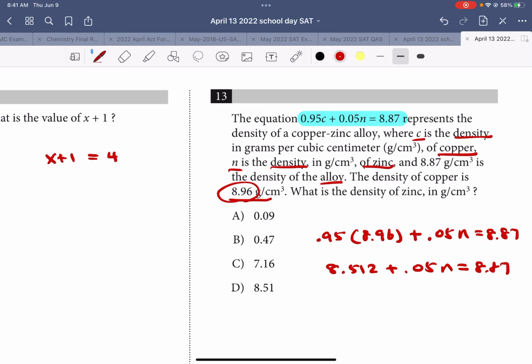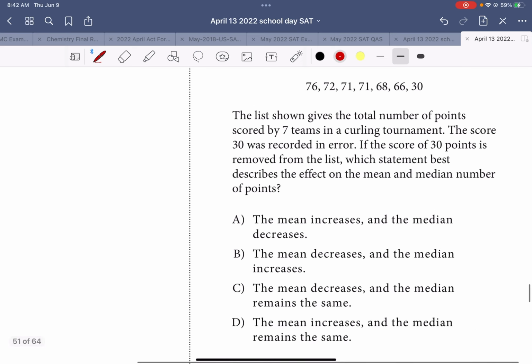When you subtract 8.512 from both sides, 0.05N equals 0.358. So when you divide by 0.05 on both sides, I got 7.16. So answer C. Okay, just plug in the values.